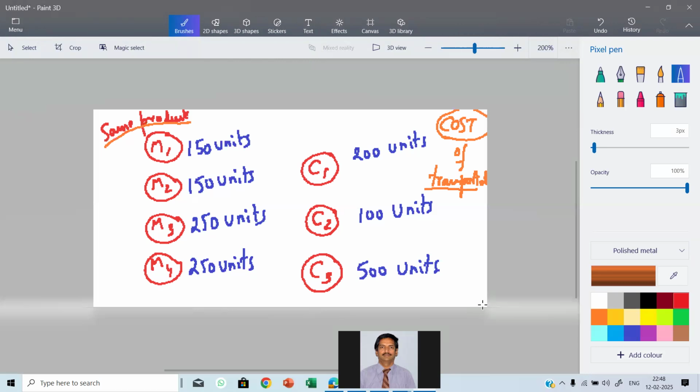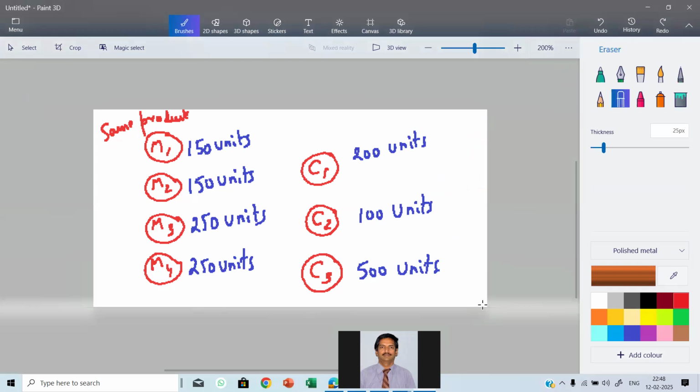It will be different from one place to another, because the transportation cost is directly dependent on the distance. Got it? As you travel more distance, more petrol or diesel will be consumed, and you need to incur more cost.